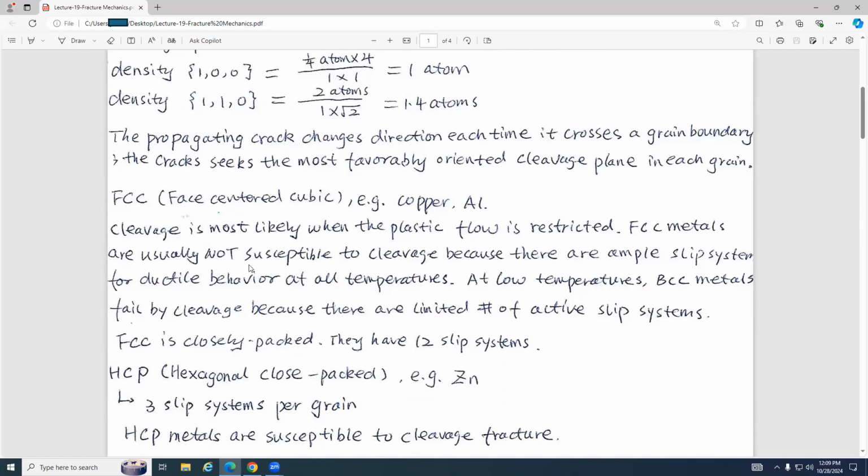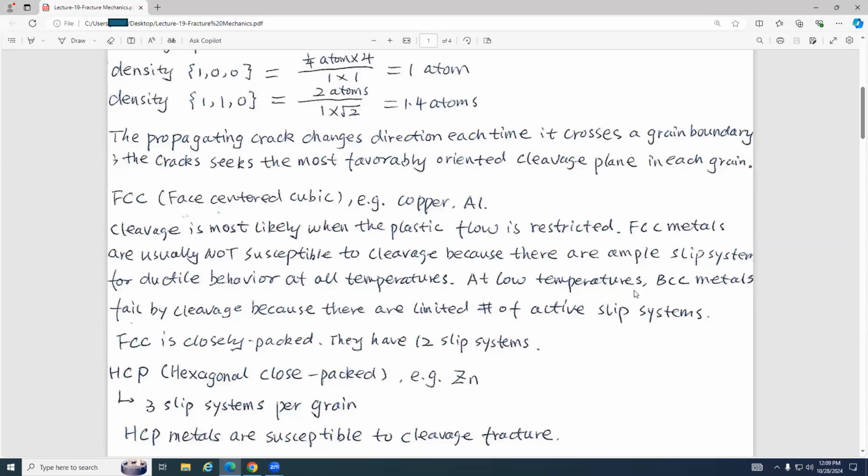FCC metals are usually not susceptible to cleavage because there are ample slip systems for ductile behavior at all temperatures. You should know what a slip system is. A slip system means the direction in which the slip is going to occur.